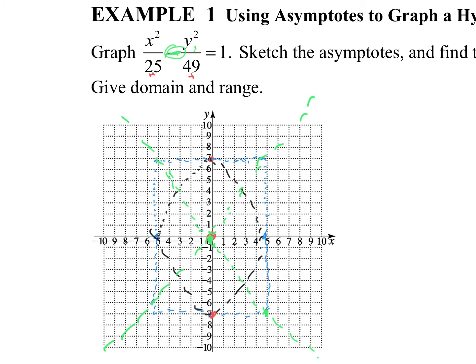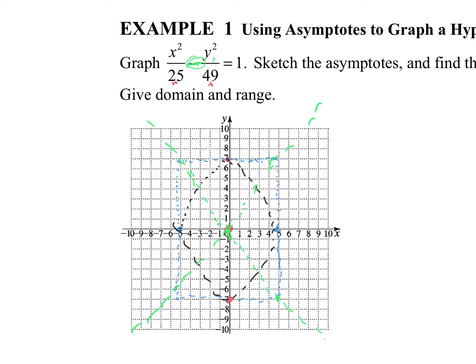That implies that the transverse axis has to be an imaginary line that connects the vertices and the foci of your hyperbola.